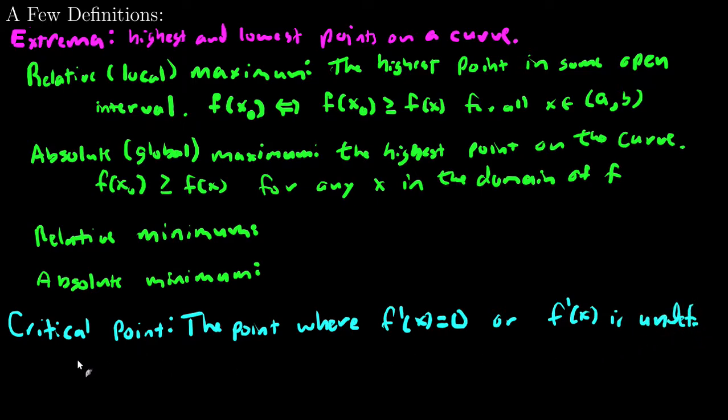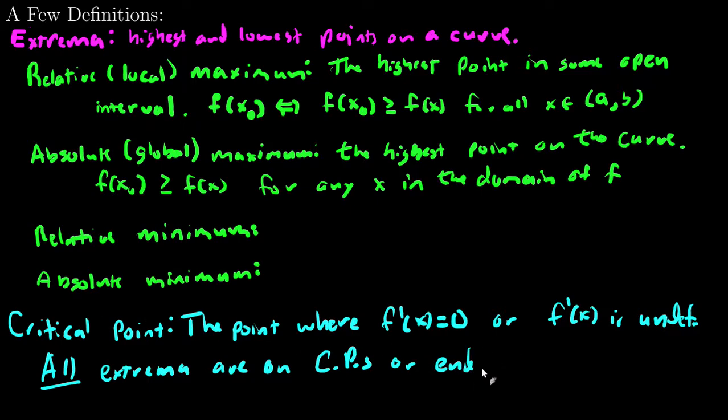And the important thing about this is all extrema are on critical points or endpoints. So if I can find these critical points, the endpoints will not be hard to find in most cases. I'll show you an example of that, example 2. I can find the critical points, go back and find whether we have an extreme point there.